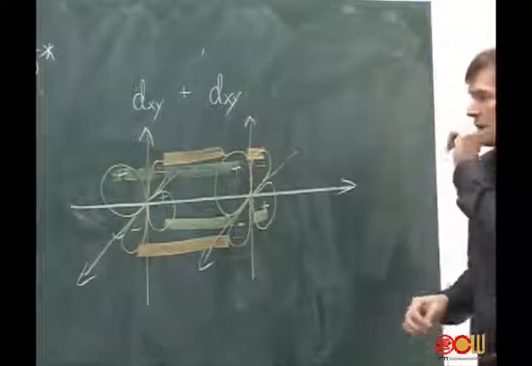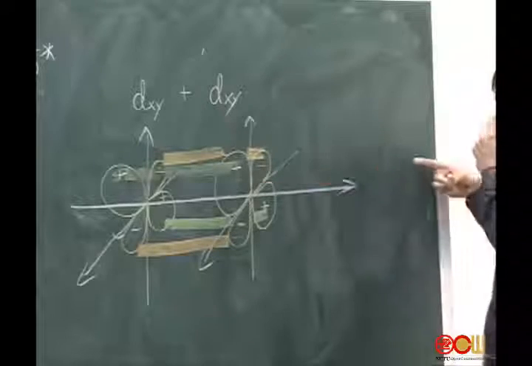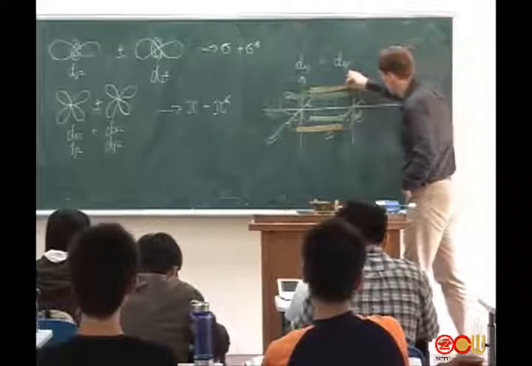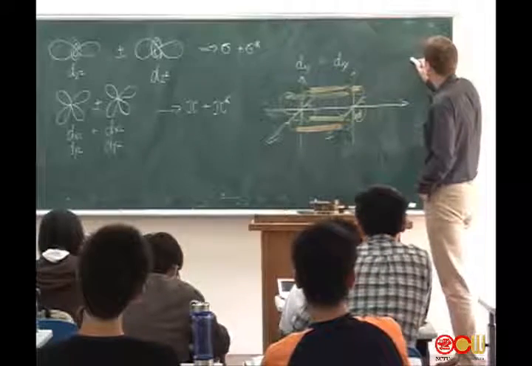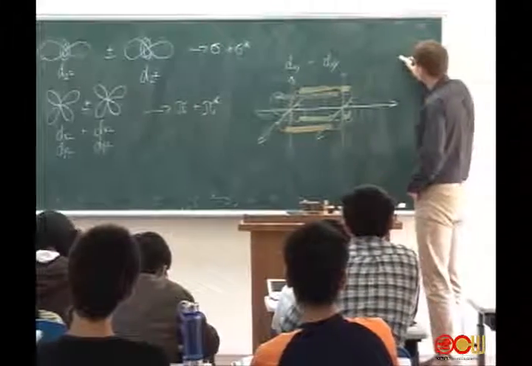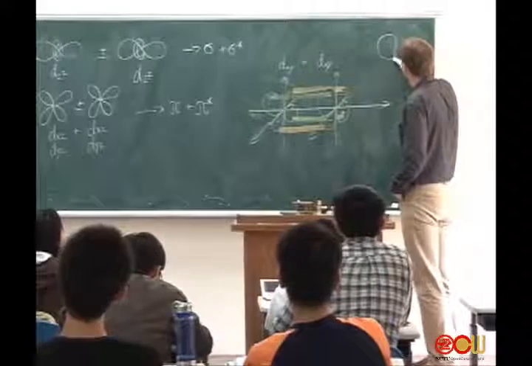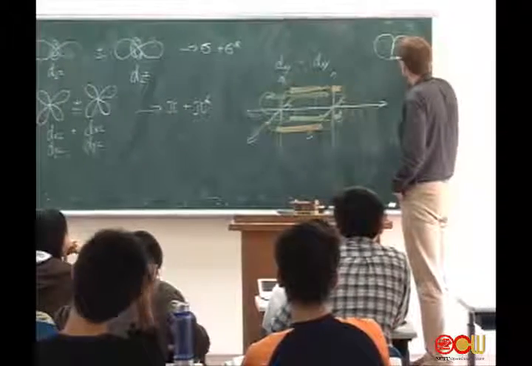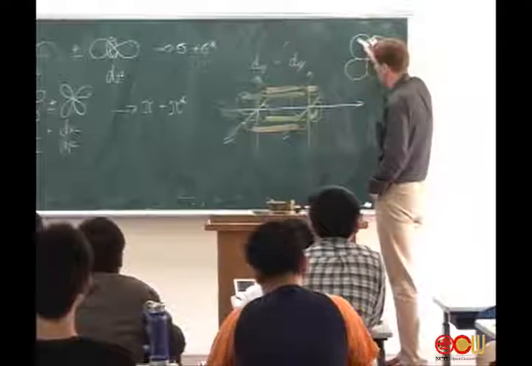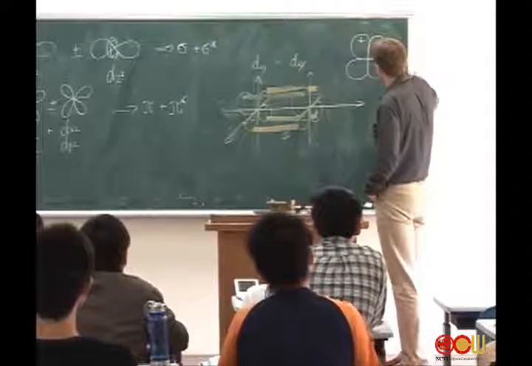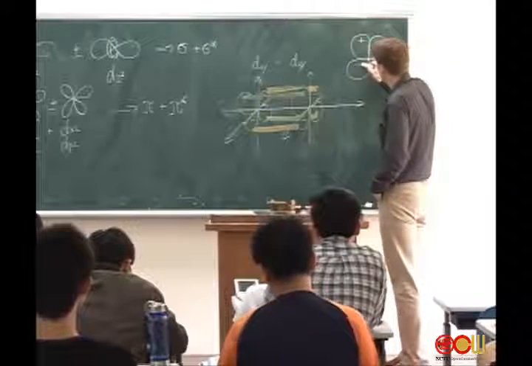So you see that if I look from this direction, and I put one nucleus here, then I will see 4 cones, with the plus sign, minus sign, plus sign, minus sign.